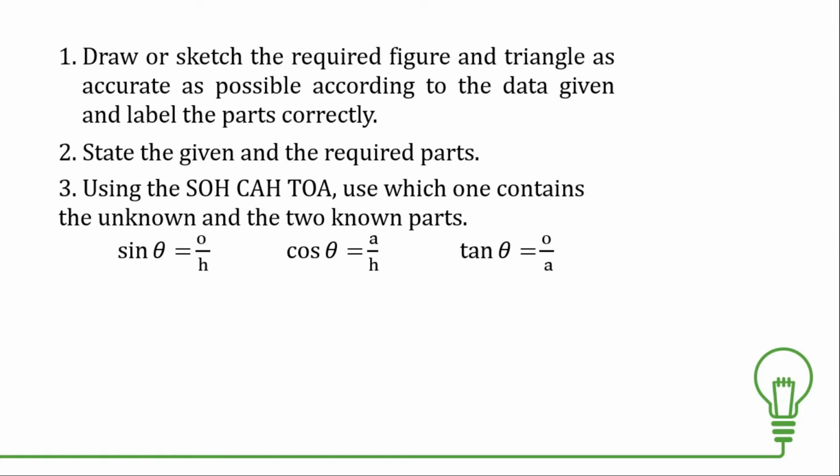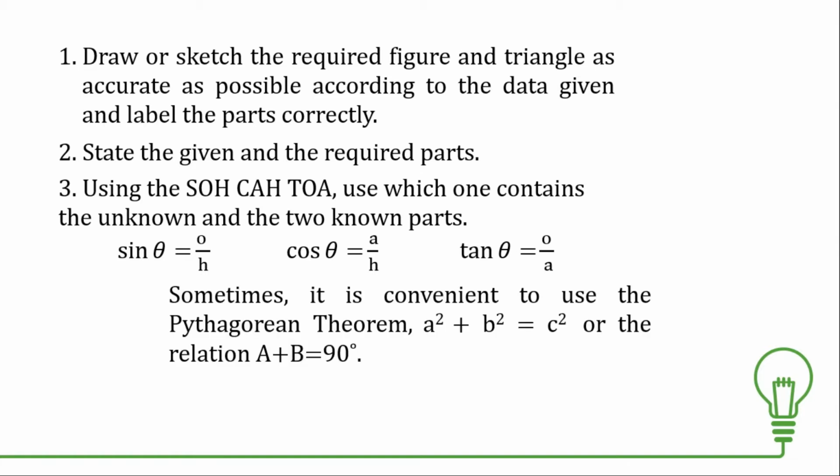So in dealing with problems, bibigyan pa niya tayo ng dalawa pang given. It's either dalawang sides or isang angle at isa pang side. Okay, so those are the 2 cases na mae-encounter natin in solving problems which concern SOH.